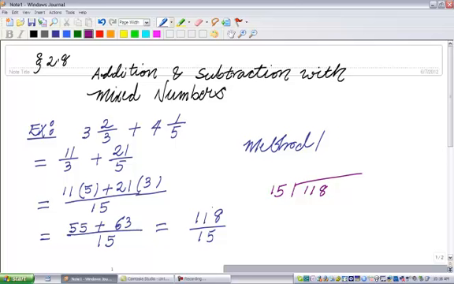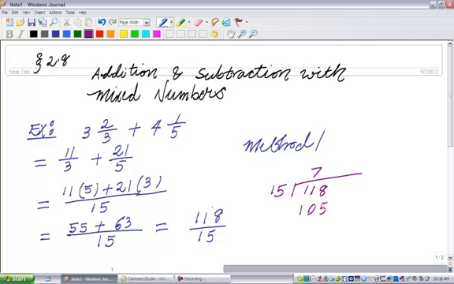How many times does 15 go into 118? Let's try 7. 7 times 15 is 105.